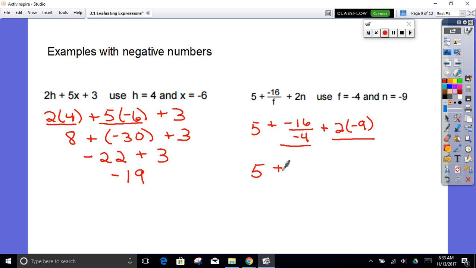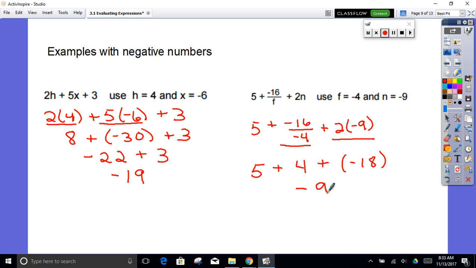Negative 16 divided by negative 4 is 4, positive 4. When we multiply or divide same signs, the answer is always positive. 2 times negative 9 is? Good. And adding and subtracting from left to right, 5 plus 4 is 9, plus negative 18 is negative 9.